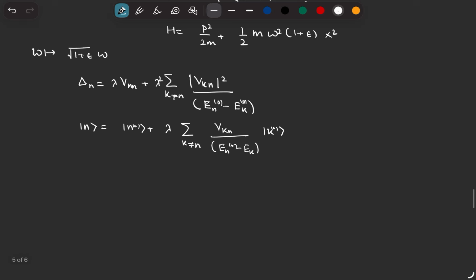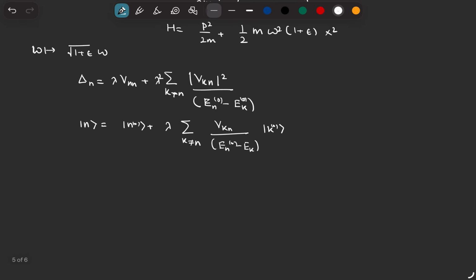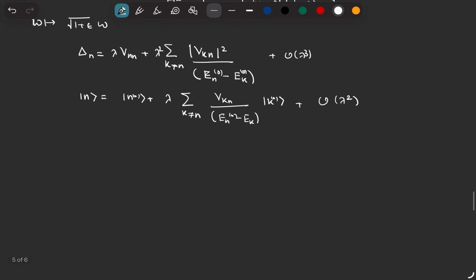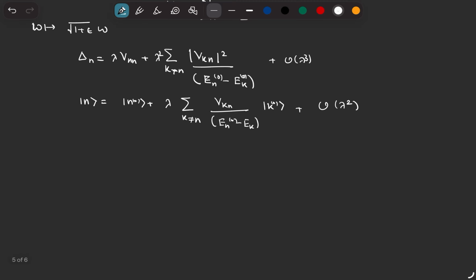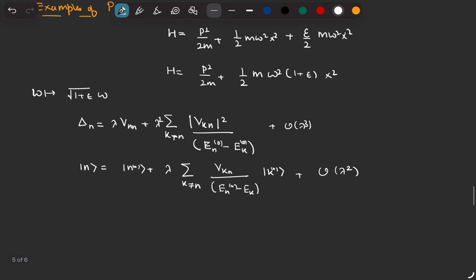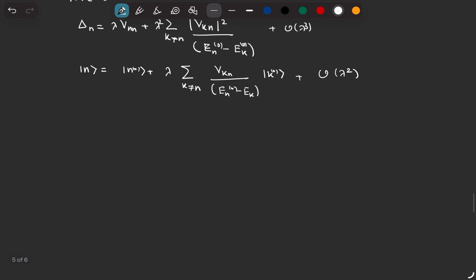Obviously there are higher order terms, and this is lambda squared. What we are interested in is calculating the perturbative effect up to second order, because of this last term that we have introduced, which has changed the frequency of the Hamiltonian in principle.